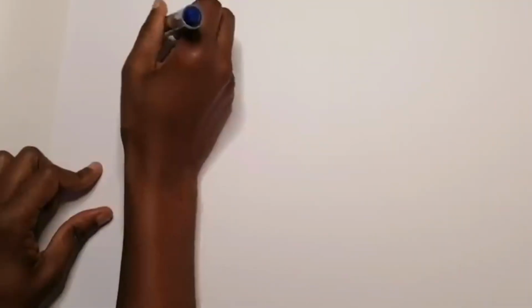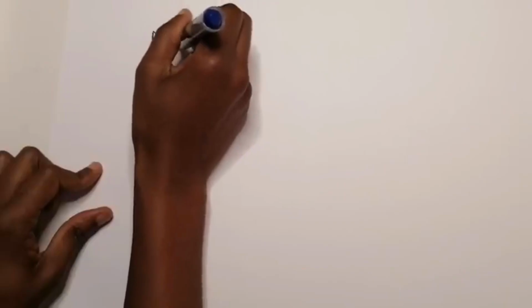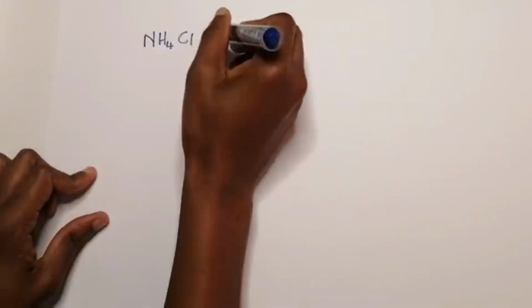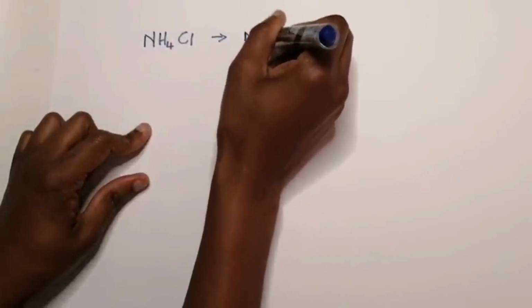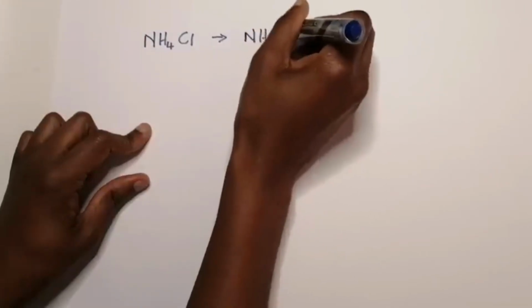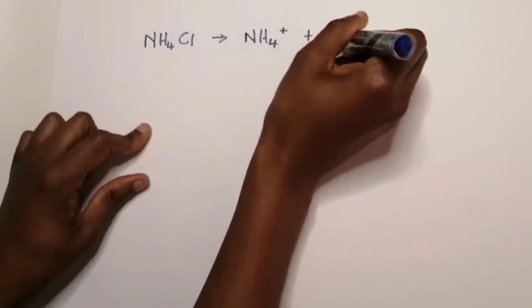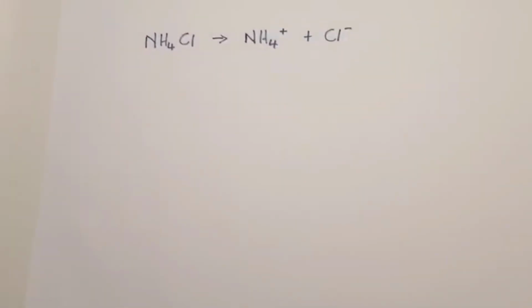So ammonium chloride looks something like this, NH4Cl, right? Okay, so when we take ammonium chloride, where does it come from? Okay, so when we dissociate this guy, it will be NH4 plus and Cl minus. Now, ladies and gents, you can either do this question in one of two ways, okay?